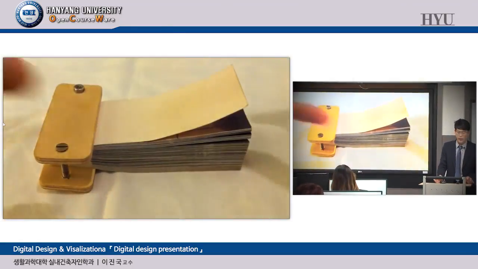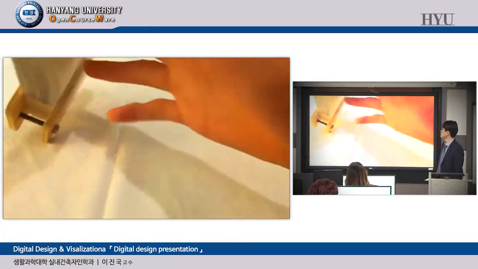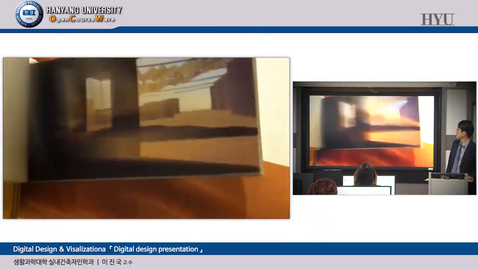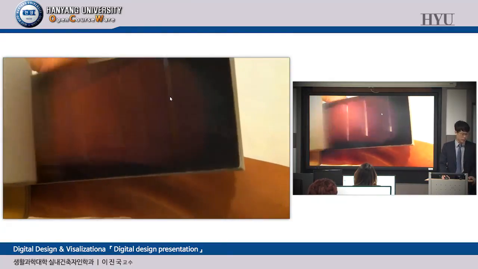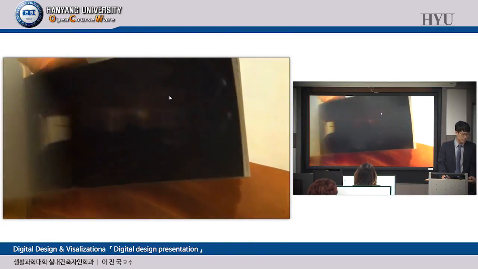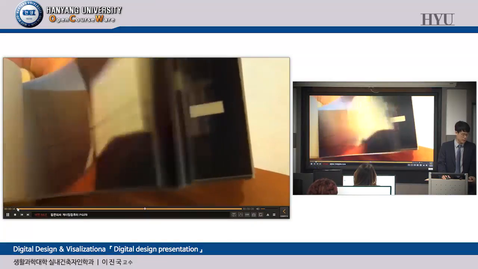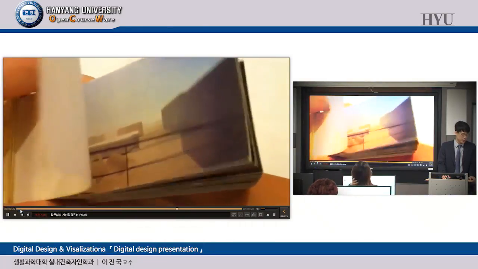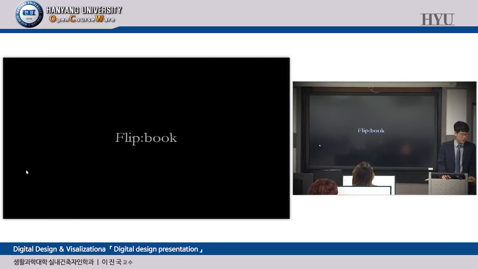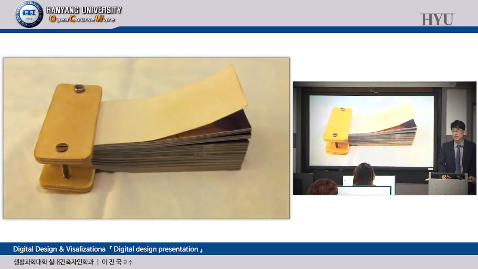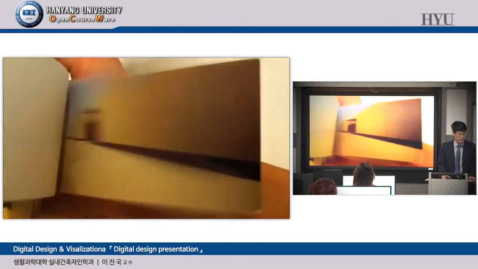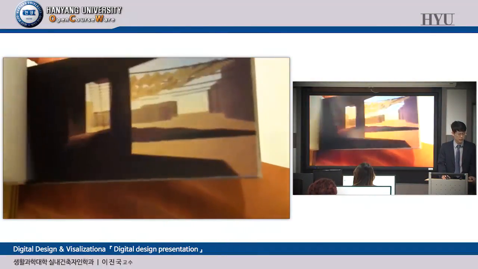So he printed out his final representation result, something like this, and just simply flips the book. And then we can see him walking, okay? Something like this. Play it again. Print out his renders and make this visualization, okay?